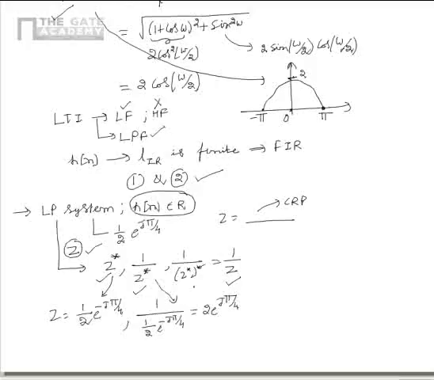This corresponds to 1 by z star, and there is another zero at 2 into e power minus j pi by 4, which corresponds to 1 by z. From this we can say that the given linear phase system with real impulse response has zeros at half e power minus j pi by 4, 2 into e power j pi by 4 and 2 into e power minus j pi by 4.